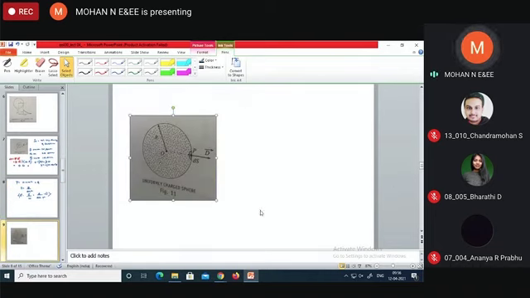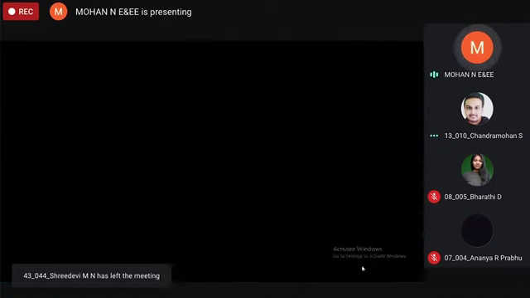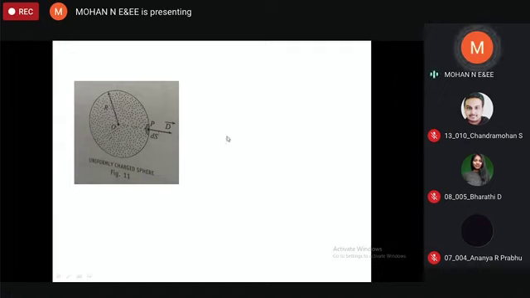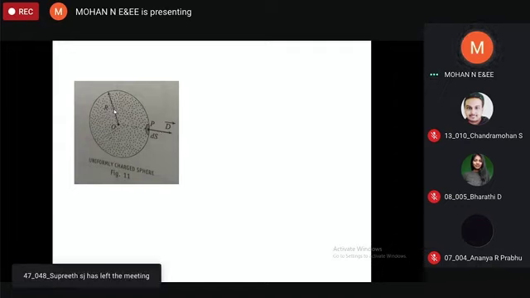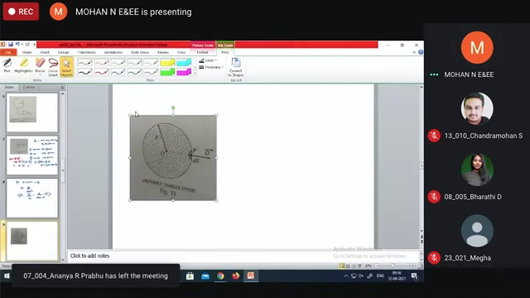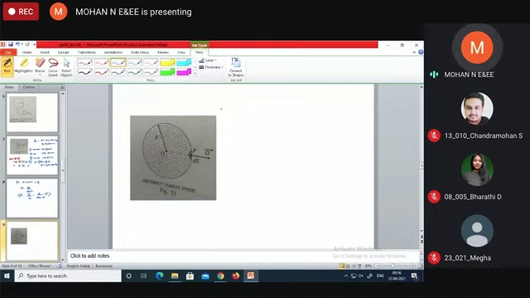So what is this? Can anybody guess? The point is on the charged sphere. So this is a uniformly charged sphere, and we are required to find the field at point P, which is on the sphere. We can use the same principles here.